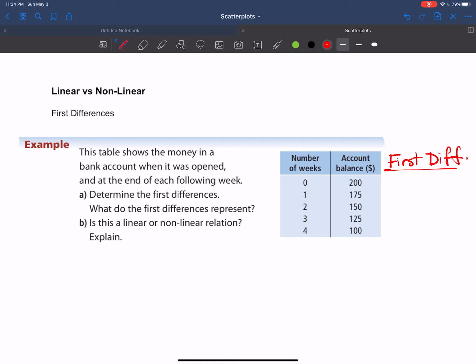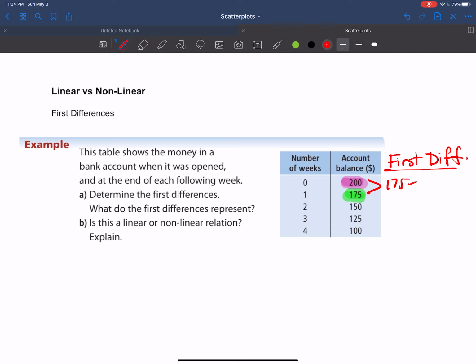So first differences are how the y column, or the dependent variable, is increasing or in some cases decreasing. So in this case it's decreasing, it's going down from 200 to 175. Now I could see it's going down by 25, but if you couldn't tell, you take the second value and subtract the first value.